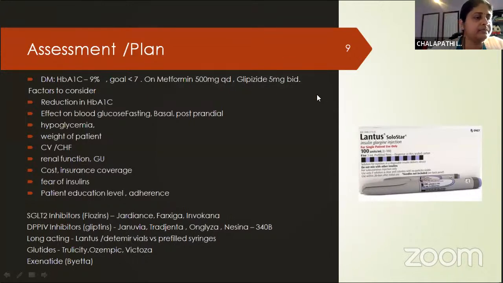What do you do? Do you say that it is appropriate while you're presenting the case? Do you just read out, HbA1c is 9%, goal is 7, 6.5, 6.3, whatever, metformin, and you go ahead and present your case and complete it?